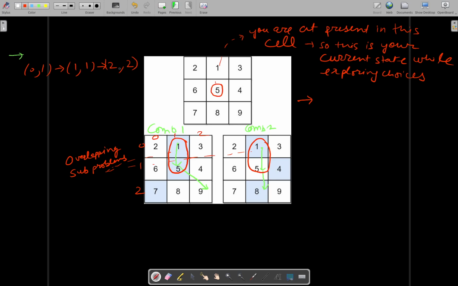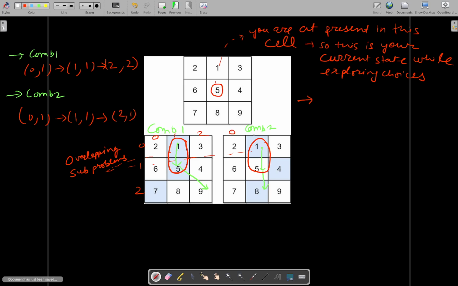So this is the path you are following for combination 1. Now for combination 2, you are following the same path as above till here. Now instead of going to 2 colon 2, you are going to 2 colon 1.